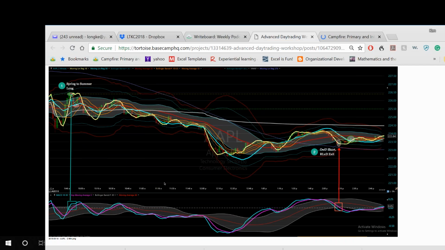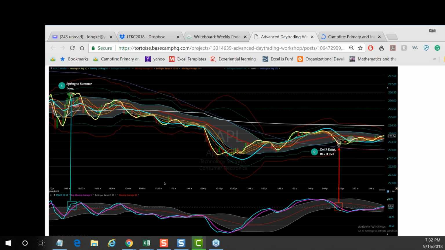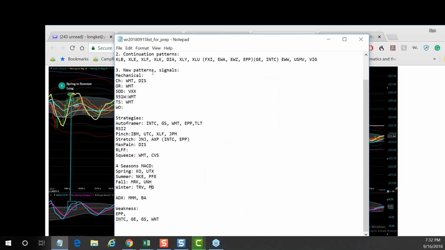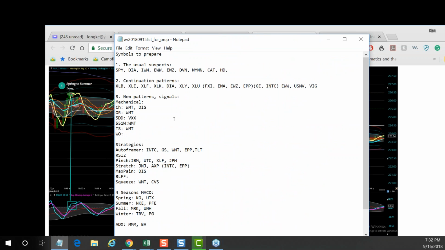Now I just uploaded the weekend report review, and this is really more for the swing trading guys. So when you listen to that, I want you to, if you are listening for swing trades, these are the symbols that I always frame.